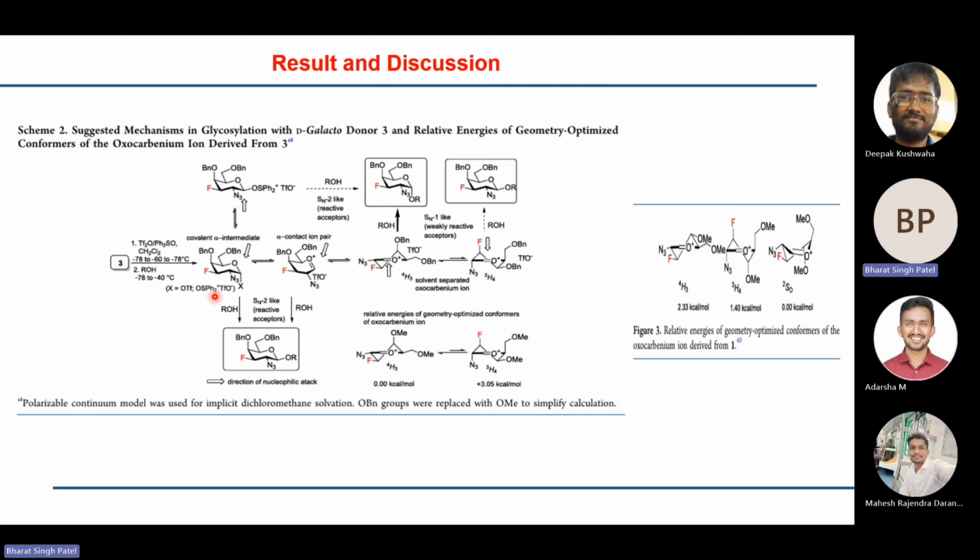If it is a poor nucleophile, the SN2 will not happen. Then it will come to the SN1 mechanism, where there are multiple intermediates. Out of those, this one is getting activated by the 4H3 conformation using this acceptor, and that is going through the SN1 mechanism, giving the alpha product.